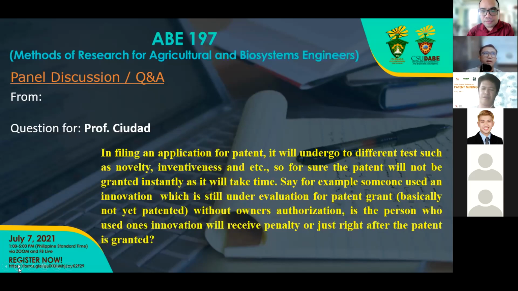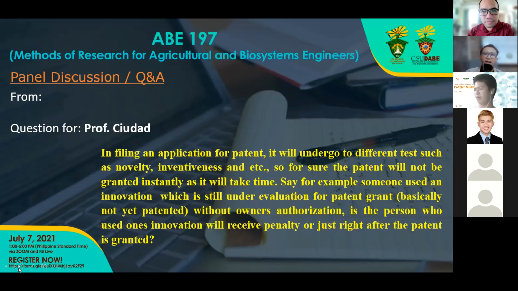Because the protection is inherent even from the moment of your filing. Many of the patent applicants are afraid of disclosing their invention, kasi once ma-disclose niya siya sa public, somebody else might be able to use it, diba? So yun yung fear nila.